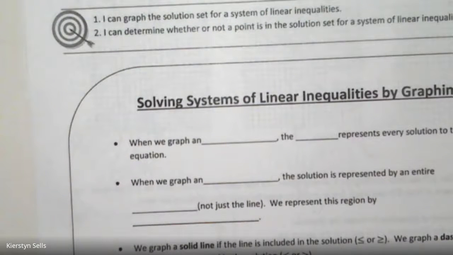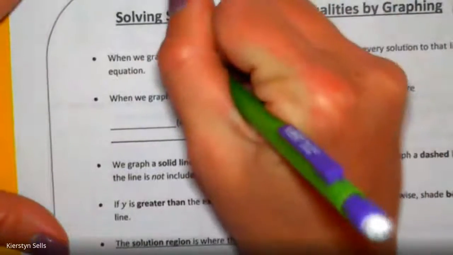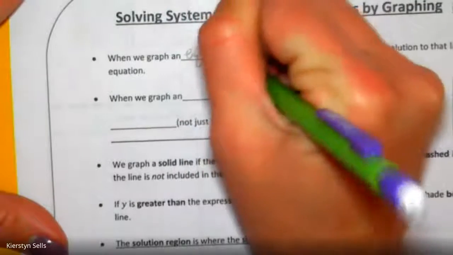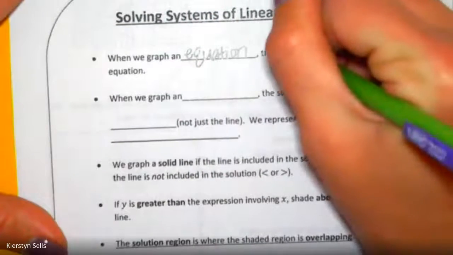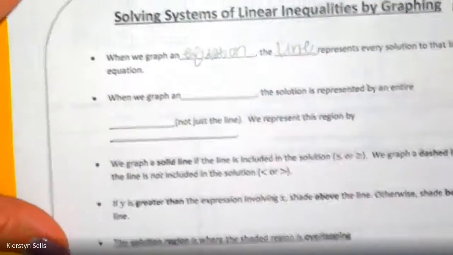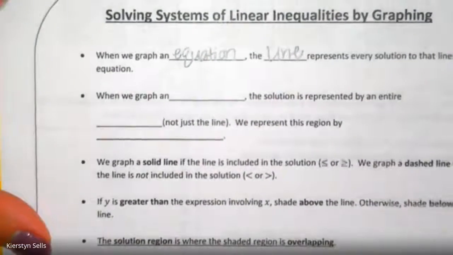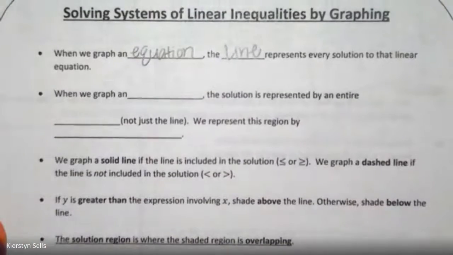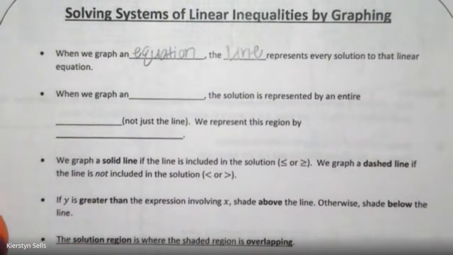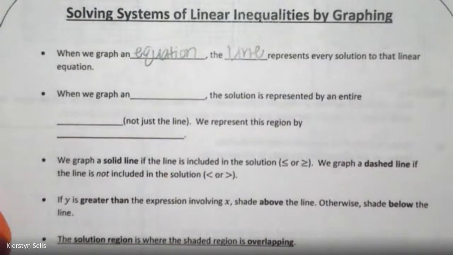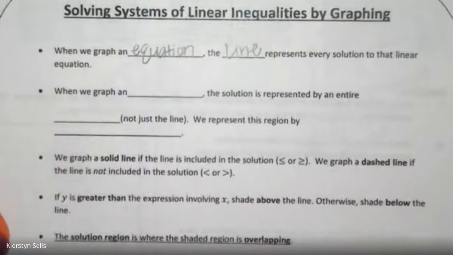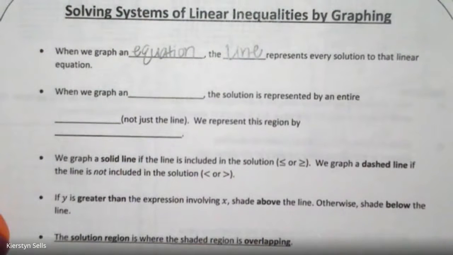So starting with bullet number 1, when we graph an equation, the line represents every solution to that linear equation. So that's when it's in y equals mx plus b. The only solutions, the only points that will be true are the ones on the actual line because it's an equal to sign.